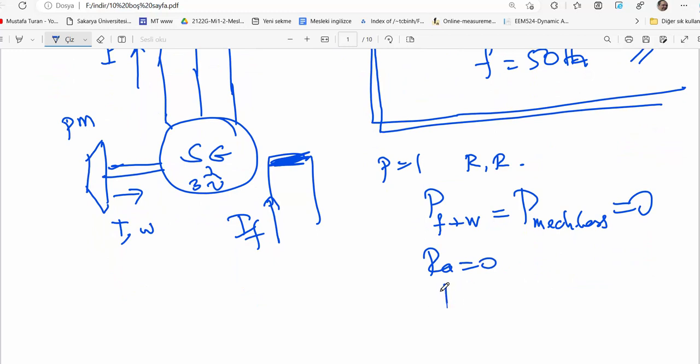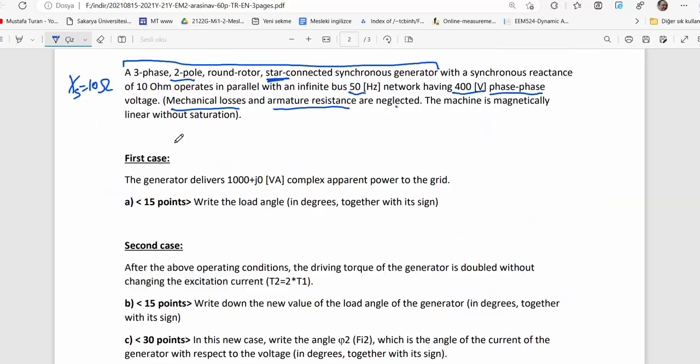Since it is neglected, copper losses in the armature are assumed as 0. One more: the machine is magnetically linear without saturation. Okay, there's no saturation, it is linear. That is extra information; generally we don't use that. Just assume it is constant.